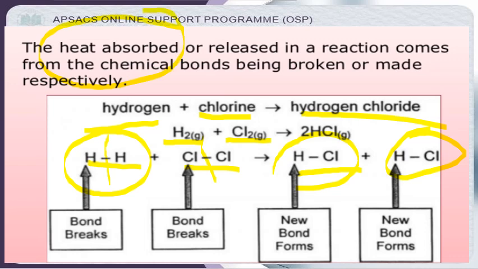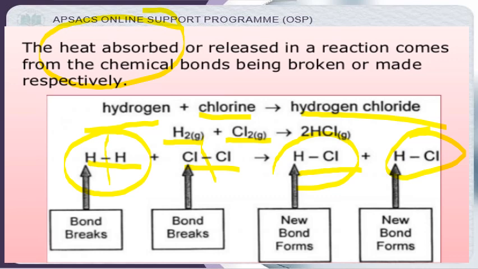So it is the amount of energy which will be absorbed by the hydrogen molecule or by the chlorine molecule to break the bond. So this is called bond energy. That is energy absorbed by the molecule to break the bond between its atoms.